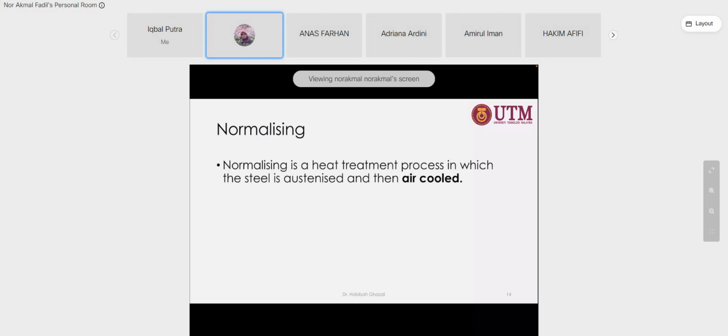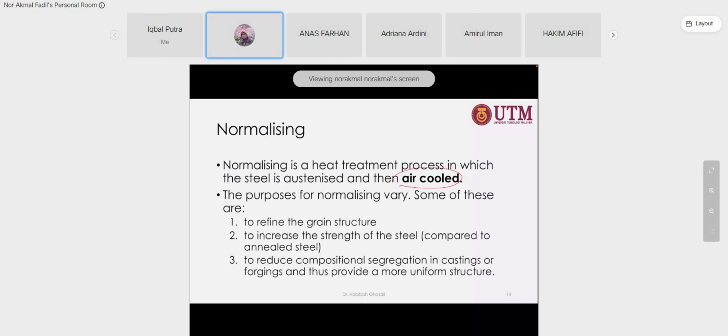Next is normalizing. The difference between annealing and normalizing is the method during the cooling process. In the normalizing process, we use air cooling, meaning that we conduct the cooling process in the air. The purpose of normalizing is varied.